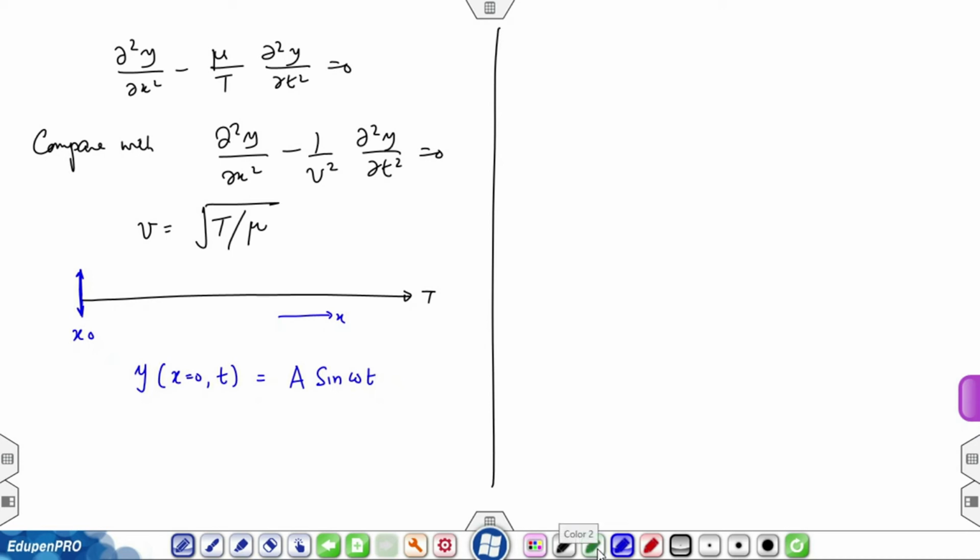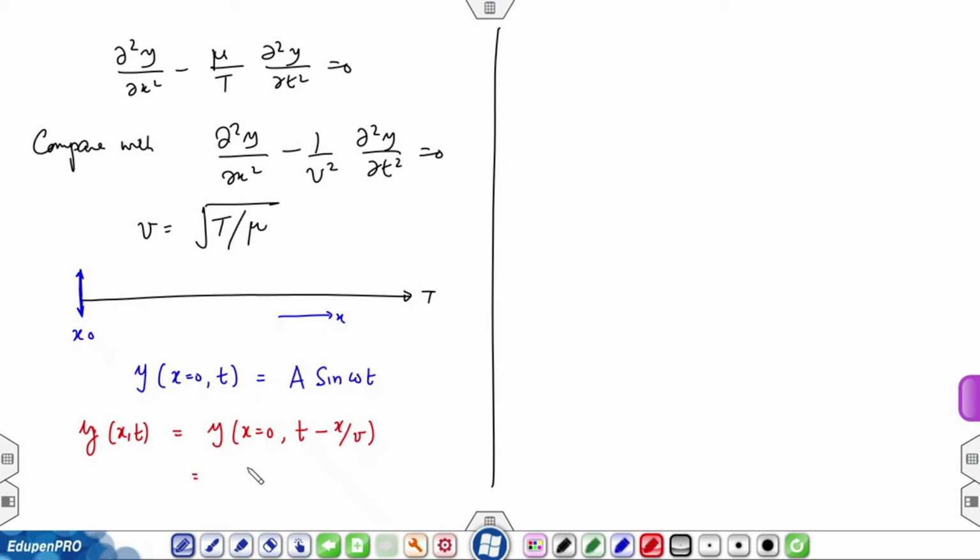So, question 1 is asking what is the form of the travelling wave, and you know that y(x,t) will be given by y(x equals 0) at t minus x over v. As I said, x equals 0 is irrelevant.